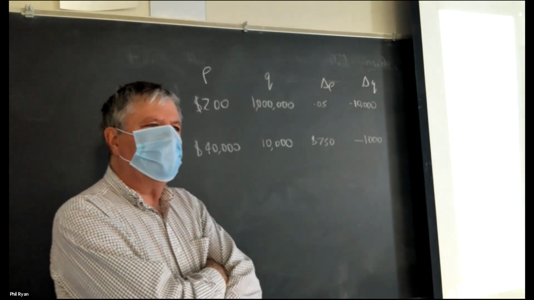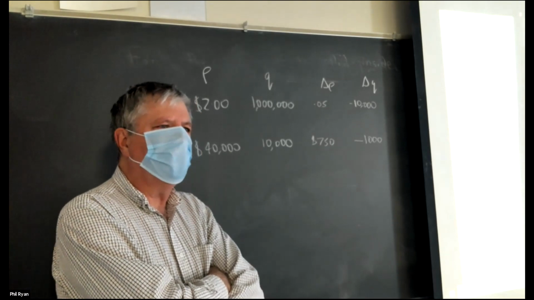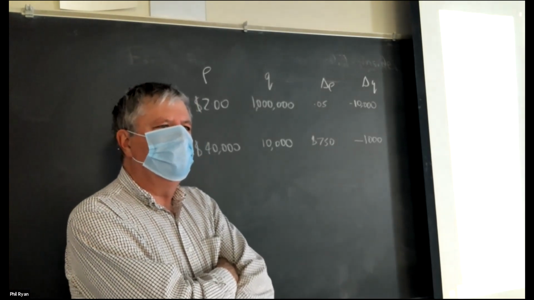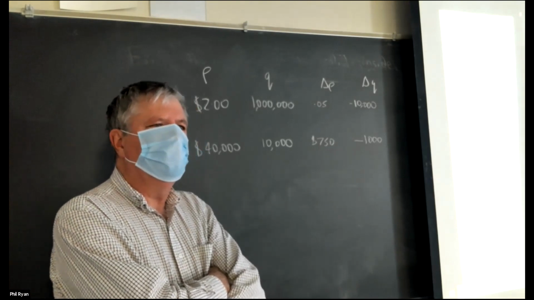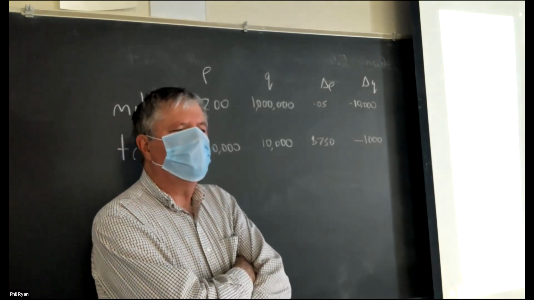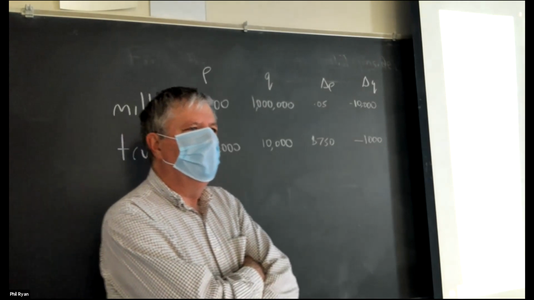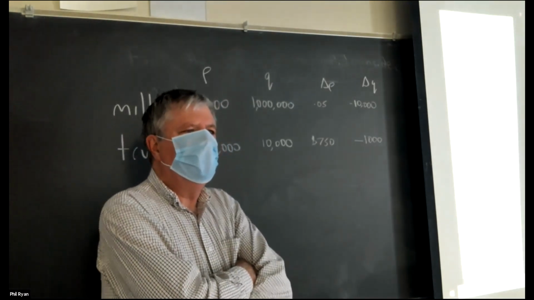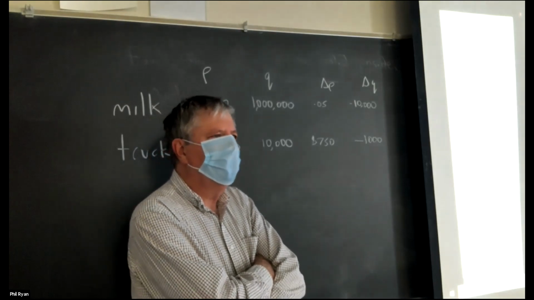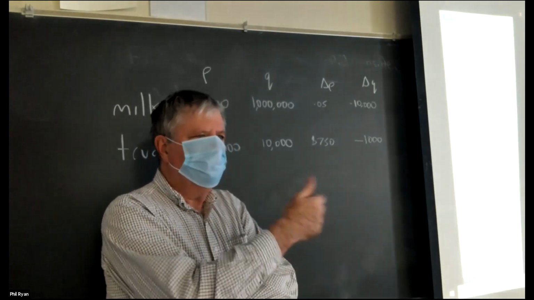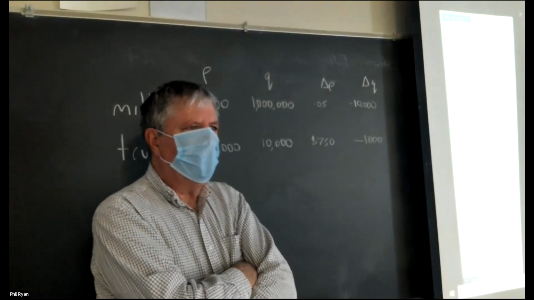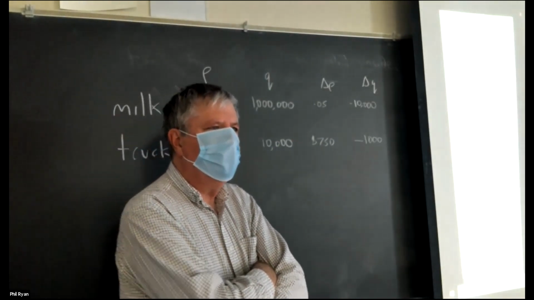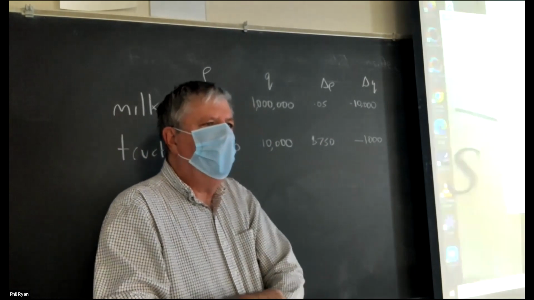Milk is an everyday household product that you have in your kitchen. You go to the store and buy milk once a week. A truck is a rare purchase, maybe every 5 years or so. So they really are hard goods to compare. How do we go about comparing them then?